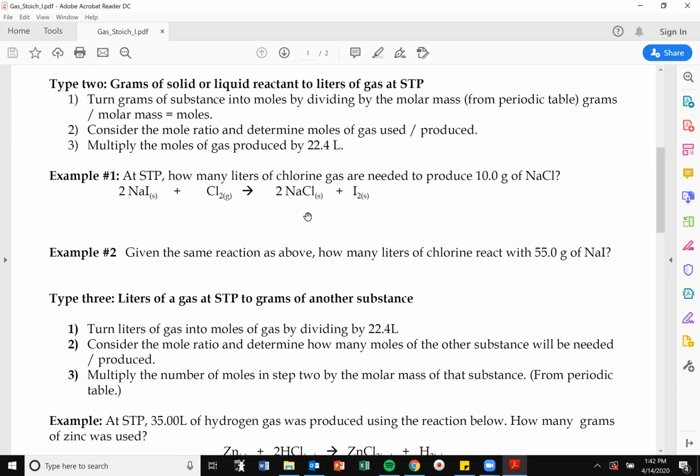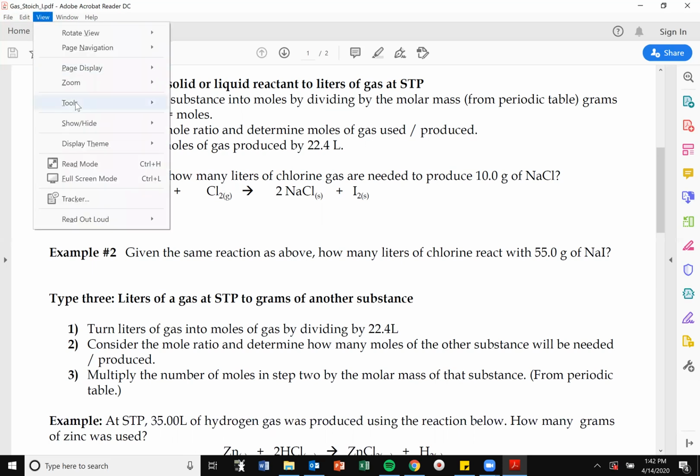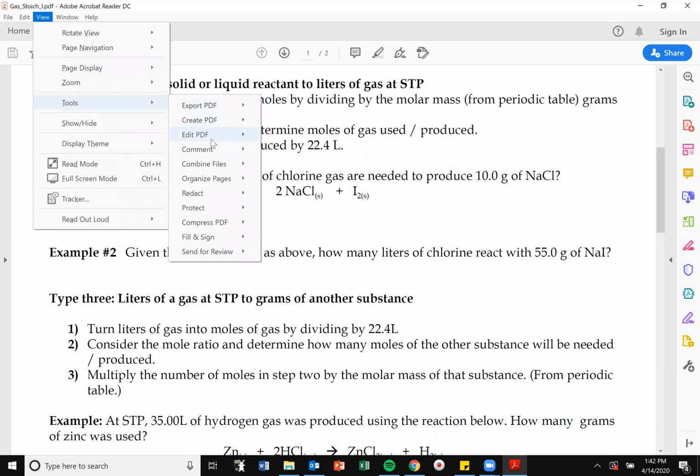And we want to go backwards to see how much chlorine gas is needed. And we can figure that out in moles, and we can also figure that out in volume after we get moles.